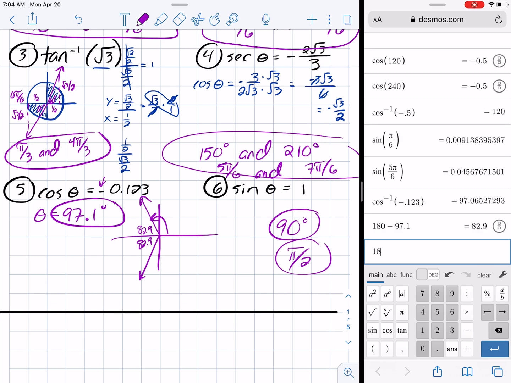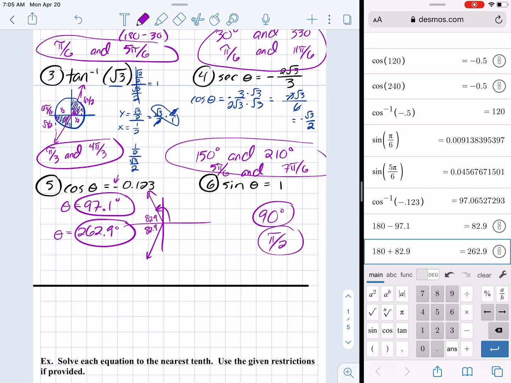So you just do 180 plus your reference angle of 82.9 to get your second angle measure that would result in a ratio of negative 0.123.